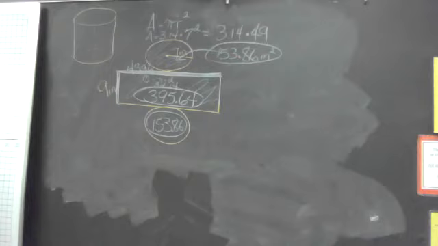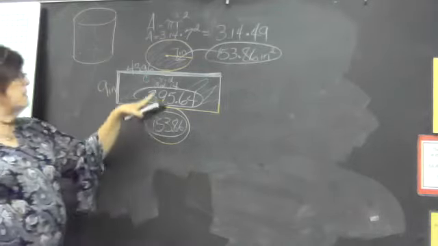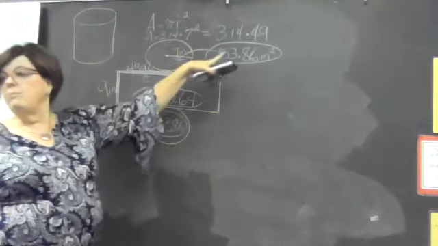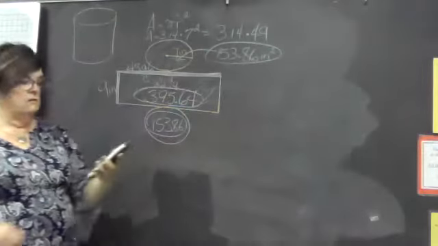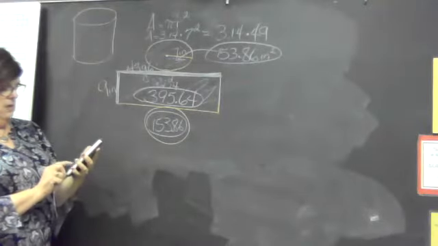Okay, so now we have found the area of each piece, right? So all we have to do is add this plus this plus this. I am going to use my trusty calculator.